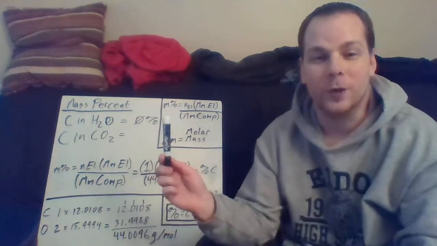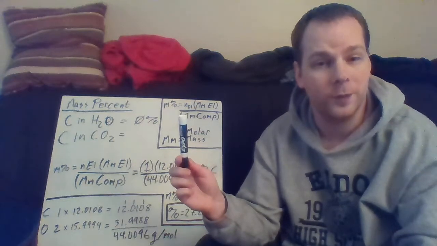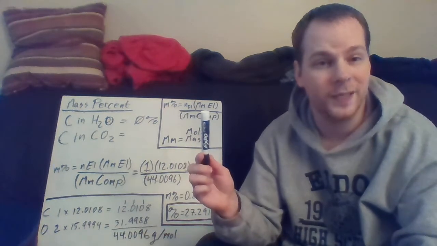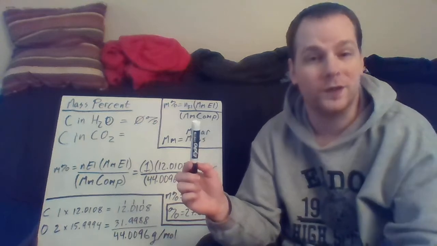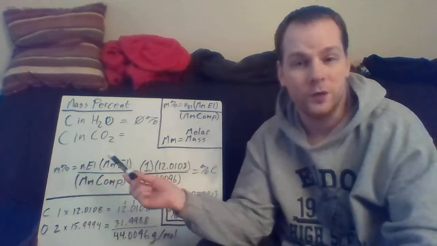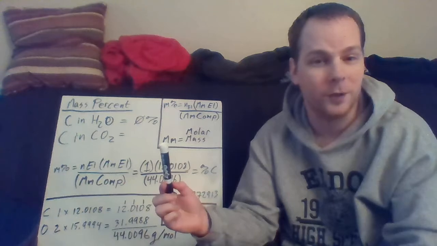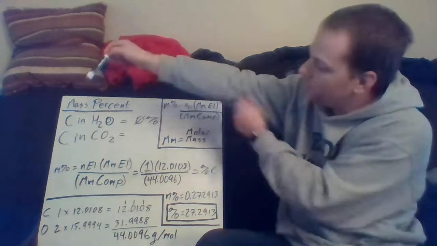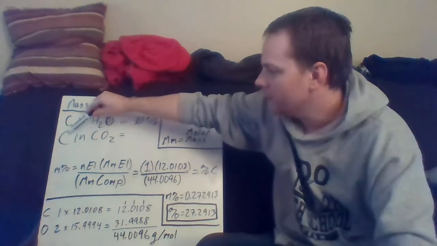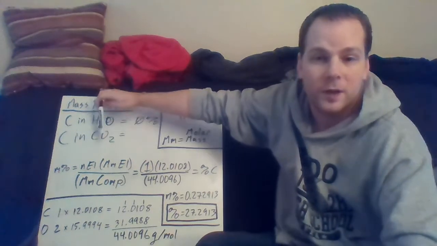Okay, so the mass percent is you take the number of the element that you're looking for in the formula times the molar mass of that element divided by the molar mass of the compound. And by the way, MM is the abbreviation I use for molar mass, uppercase M, lowercase m. Here, I'm determining the carbon in CO2.